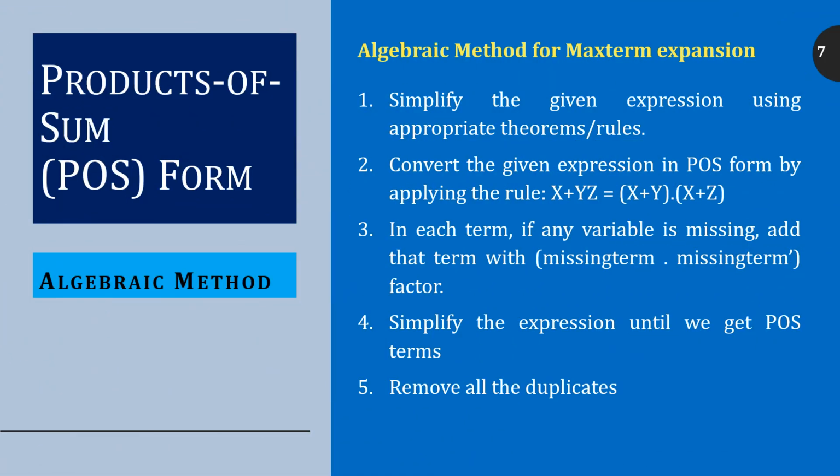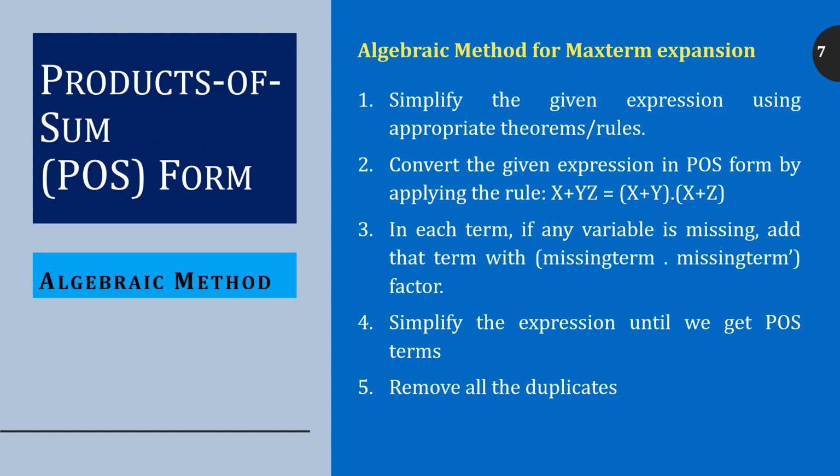Now let's look into the algebraic method for max term expansion. First, we need to simplify the given expression using the appropriate Boolean rules and theorems. Then convert the expression into POS form by applying the rule x + yz = (x + y)(x + z).